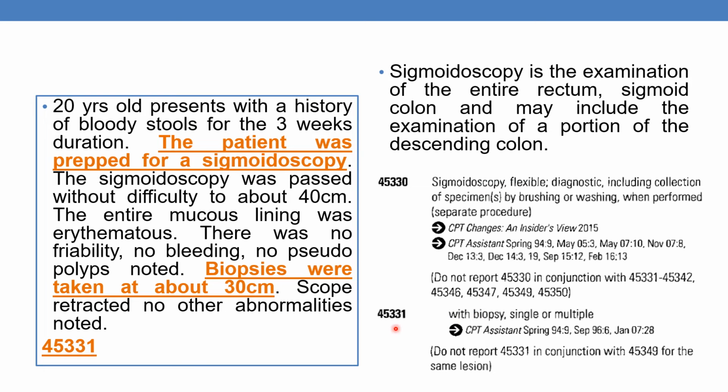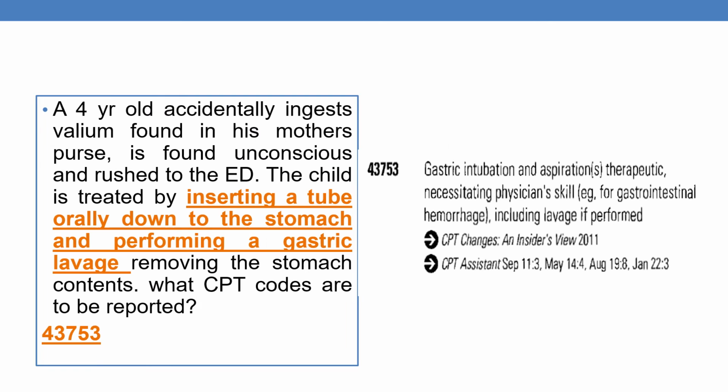Under it 45331 is the correct answer because the complete description of 45331 is sigmoidoscopy with biopsy, single or multiple. Here biopsies are performed, that is nothing but multiple biopsies. So whether it is single or multiple, if biopsy is performed along with sigmoidoscopy, the CPT is 45331.